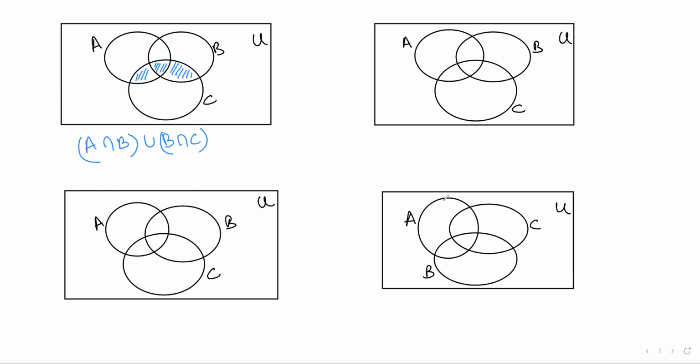Sorry, I made a mistake. It is A intersection C united with B intersection C. In both these values, C intersection is common. So C intersection with A union B.